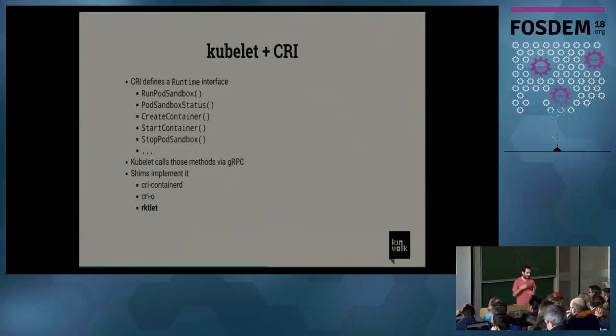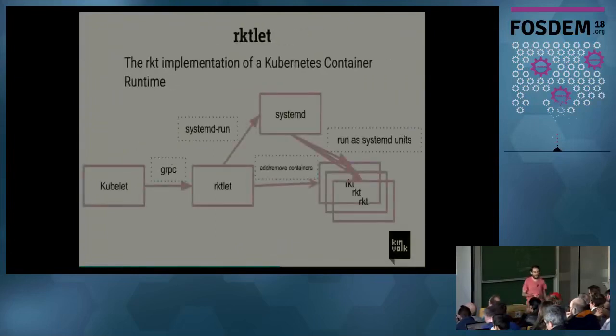Then you can add containers, start containers and stop containers. So basically an interface that abstracts away the container operations. The kubelet calls these methods via gRPC, and on the other side of the gRPC connection something implements that. As I mentioned before, CRI containerd is an example, CRI-O, and Rocket.